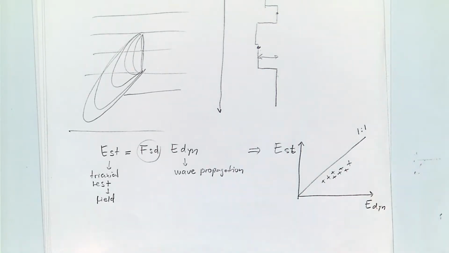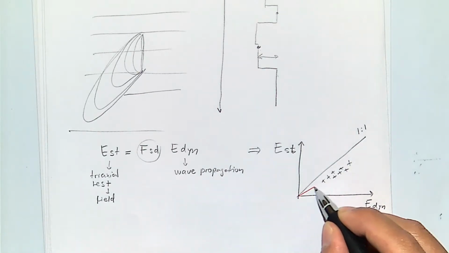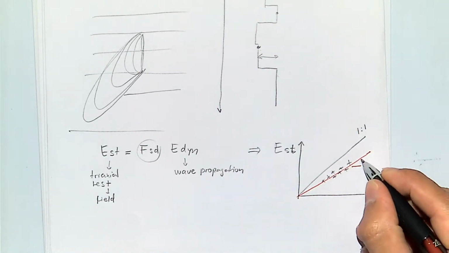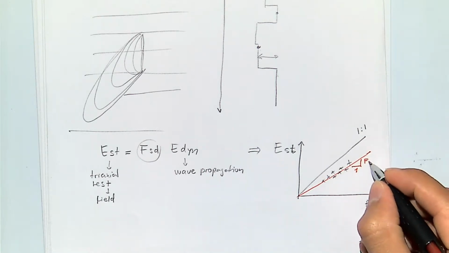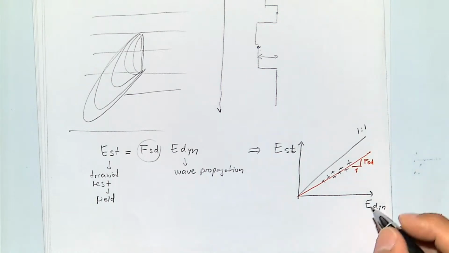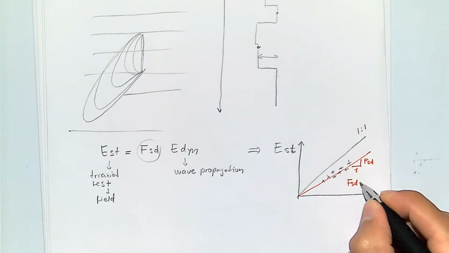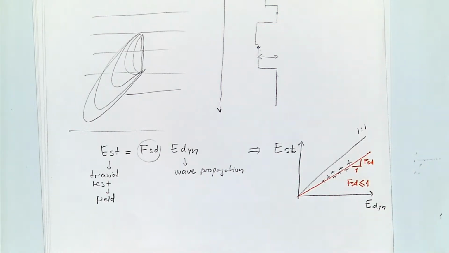And this is where we get our parameter FSD. So if this is equal to 1, this is our parameter FSD, where FSD is going to be less than 1. For typical rocks, it's 0.4, 0.6, 0.8. It really depends on the type of rock.